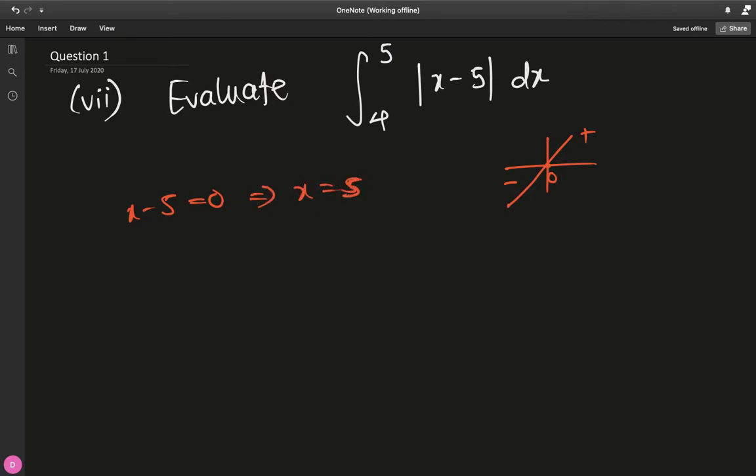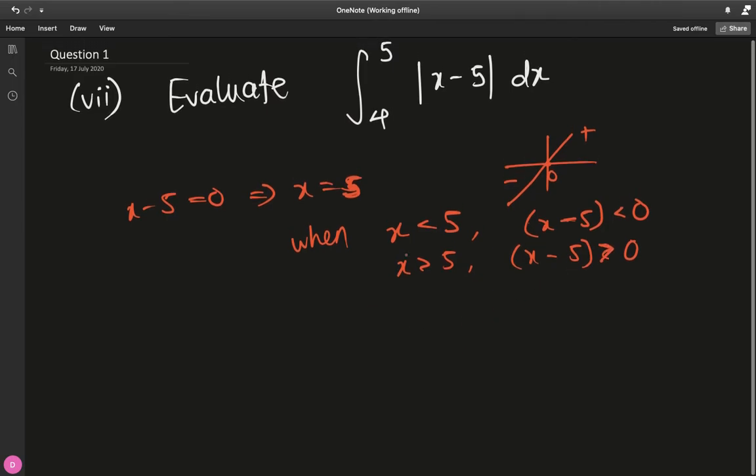So before 5, so when x is less than 5, x minus 5 is negative, and when x is greater than 5, x minus 5 is positive.